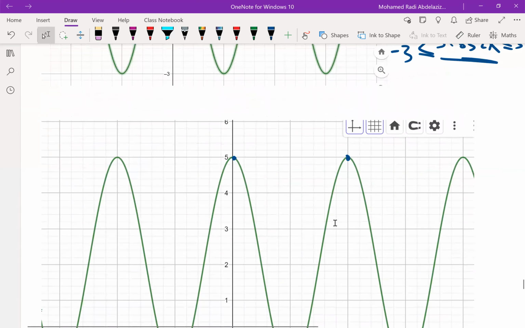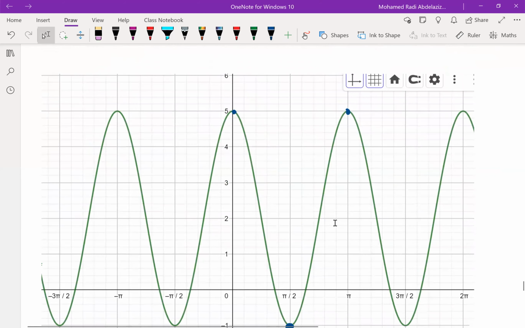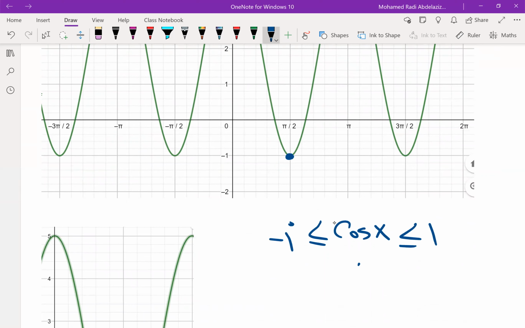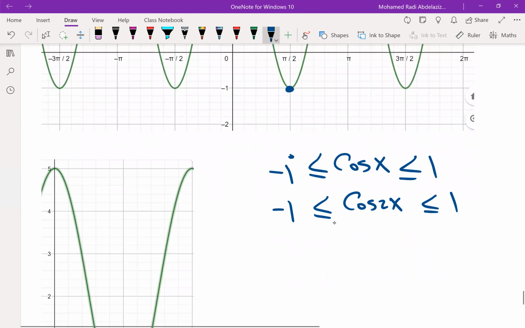We'll explain the range again algebraically. I started with cosine x between -1 and 1. Cosine 2x is still from -1 to +1. Don't say it's from 2 to -2. There is no change for the range when we stretch parallel to x.